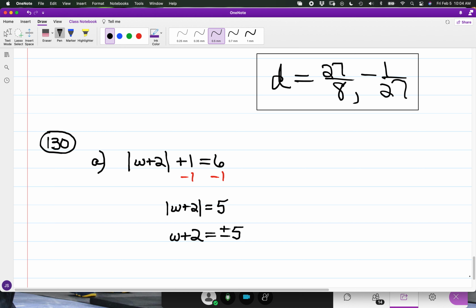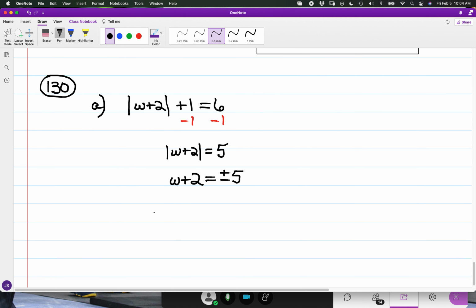And for solving in terms of w, we have two equations whereupon we have, at the lower end, w plus 2 is equal to negative 5, or it could be that w plus 2 is equal to 5.